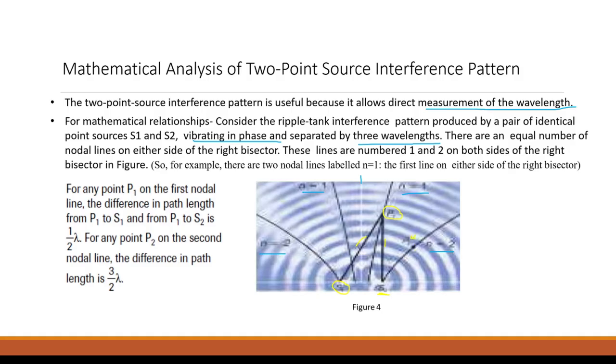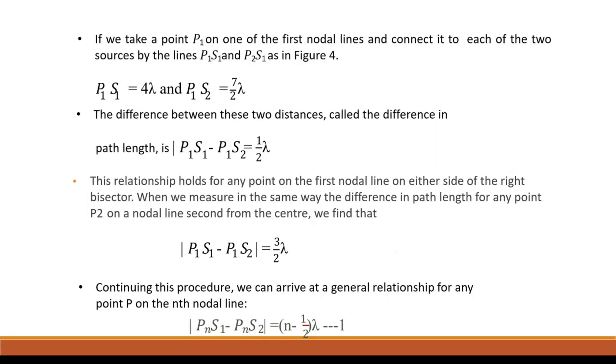So if we take a point P1 on the first nodal line and connect it to each of the two sources, we see P1 S1 would be 4 lambda, and P1 S2 would be 7 over 2 lambda.